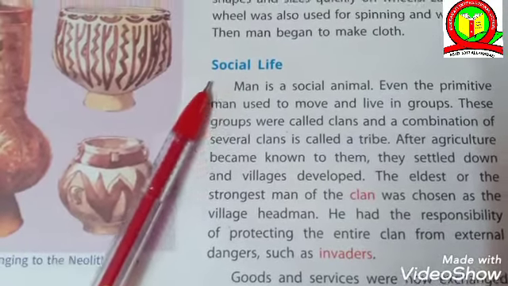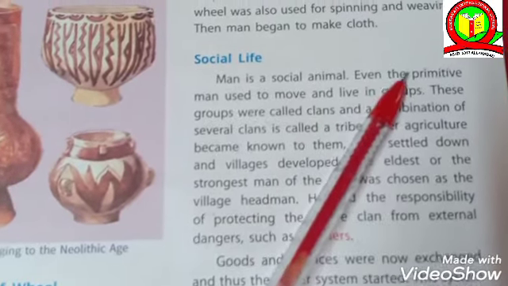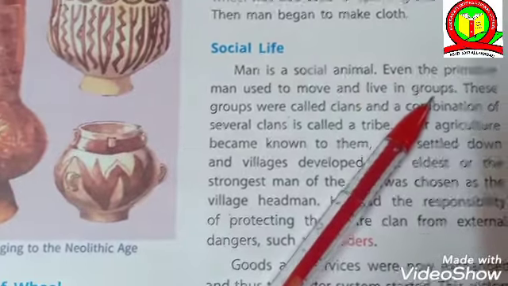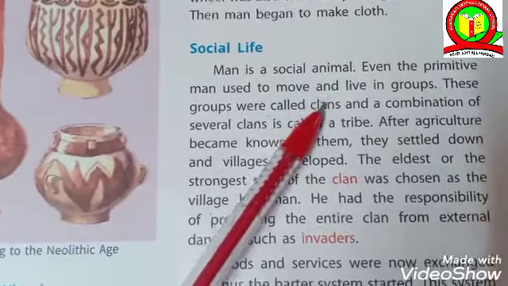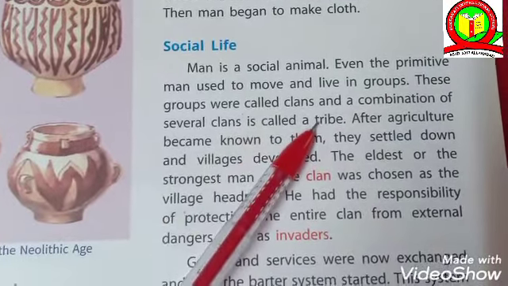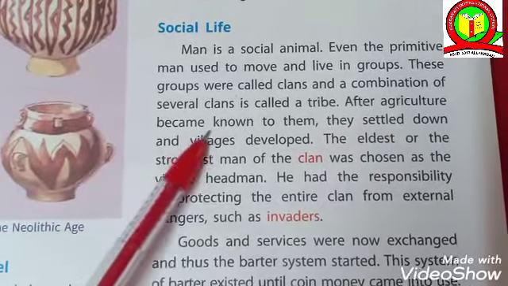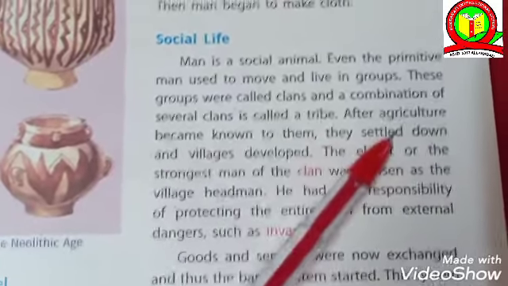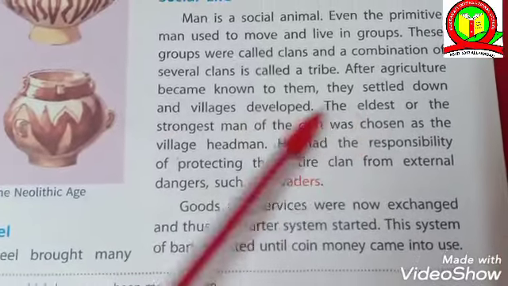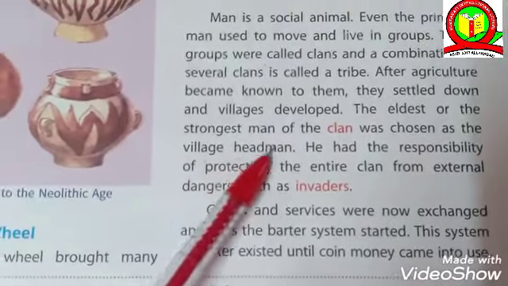Social life. Man is a social animal. Even the primitive man used to move and live in groups. These groups were called clans, and a combination of several clans is called a tribe. After agriculture became known to them, they settled down and villages developed. The eldest or the strongest man of the clan was chosen as the village headman.